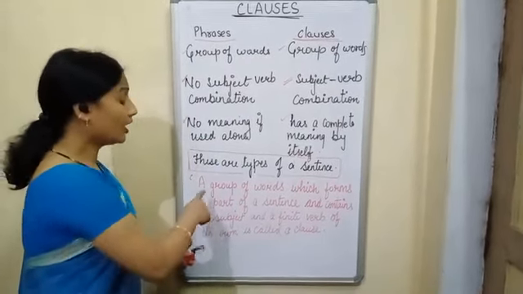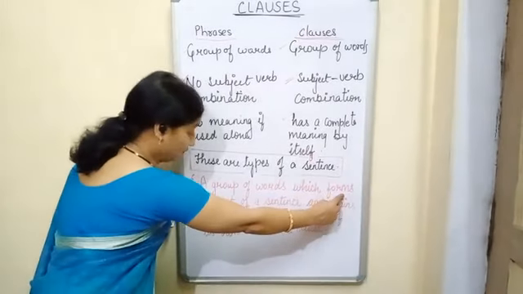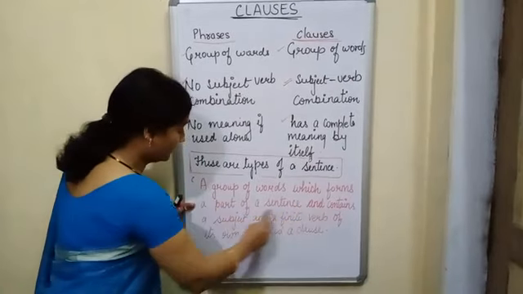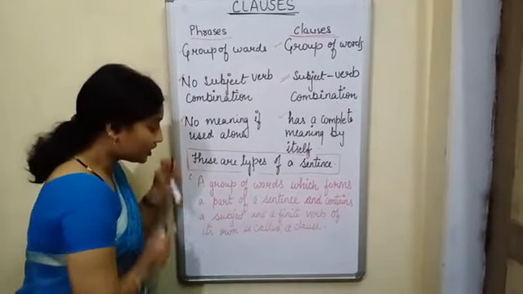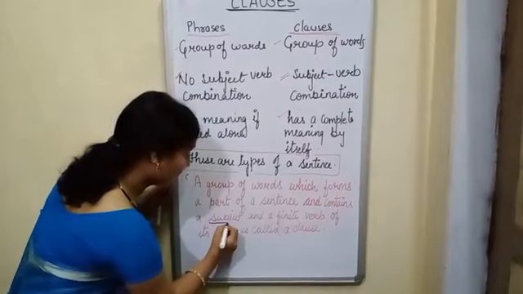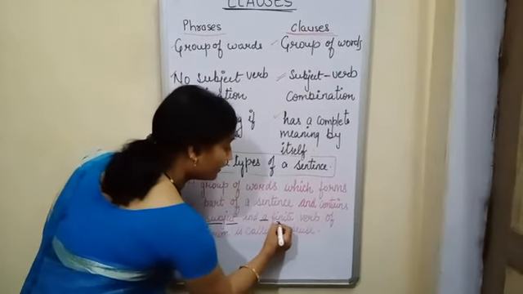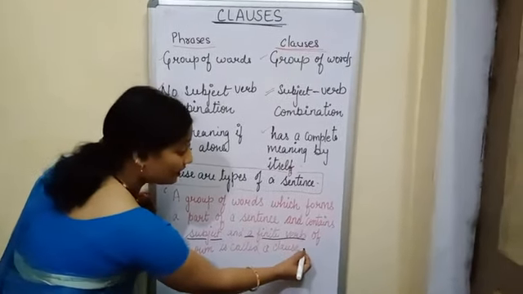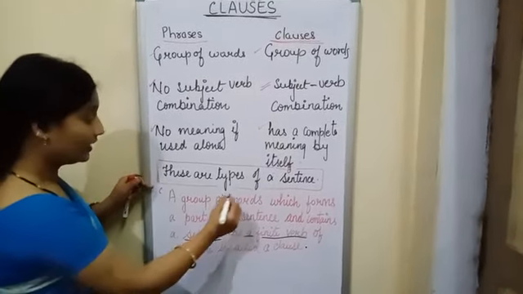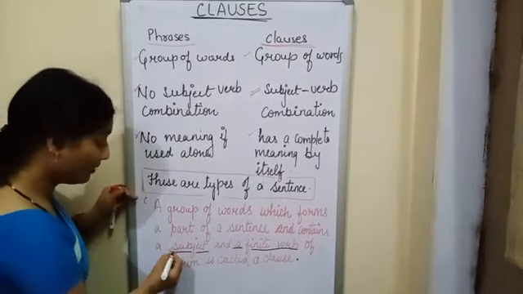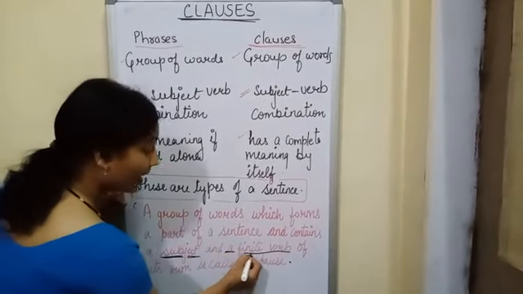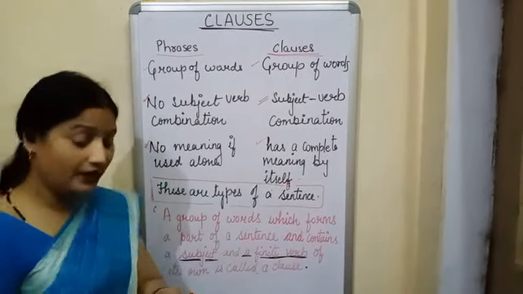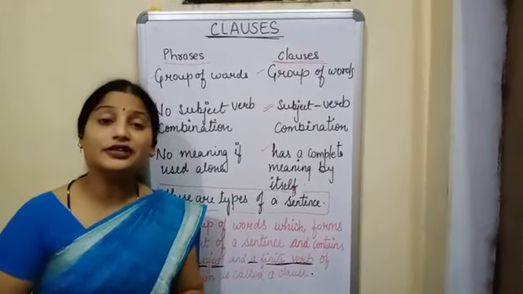A group of words which forms a part of a sentence and contains a subject and a finite verb of its own is called a clause. That is, a group of words should have a subject and a finite verb, then it is called a clause. Now this is the definition of the clause.